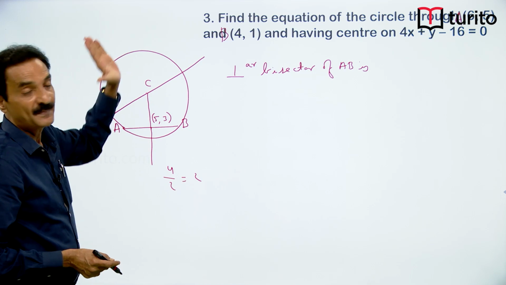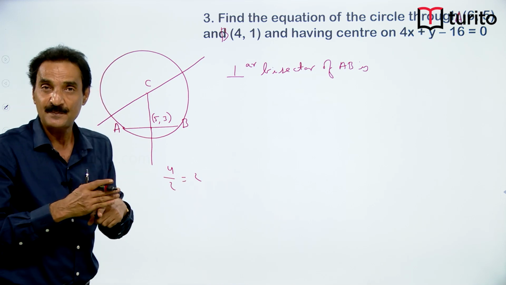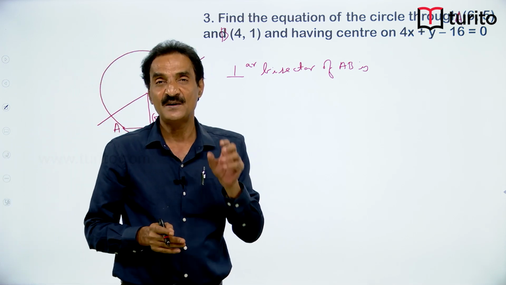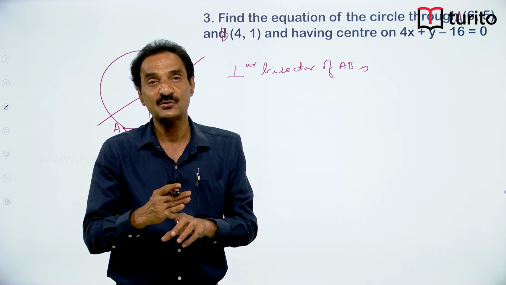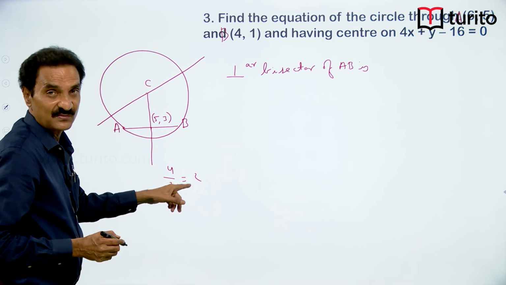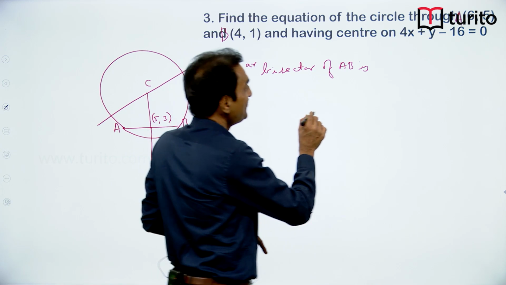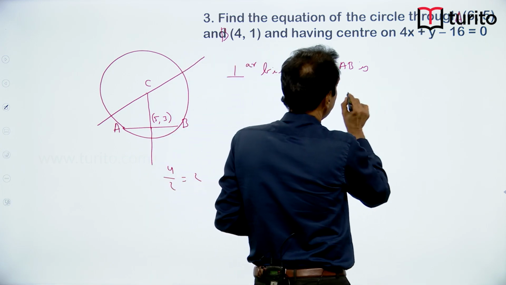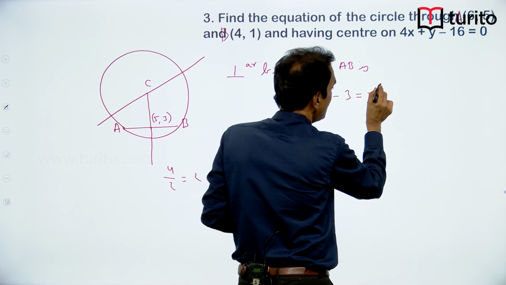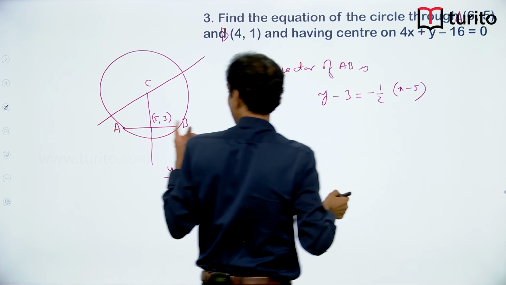Then what is the slope of the perpendicular bisector? Minus 1/2. If two lines are perpendicular to each other, the product of the slopes is −1. So, if one slope is m, the perpendicular line will have slope −1/m. Taking the perpendicular slope −1/2 and the point (5, 3), the equation of the perpendicular bisector of AB is y − 3 = −1/2 (x − 5).